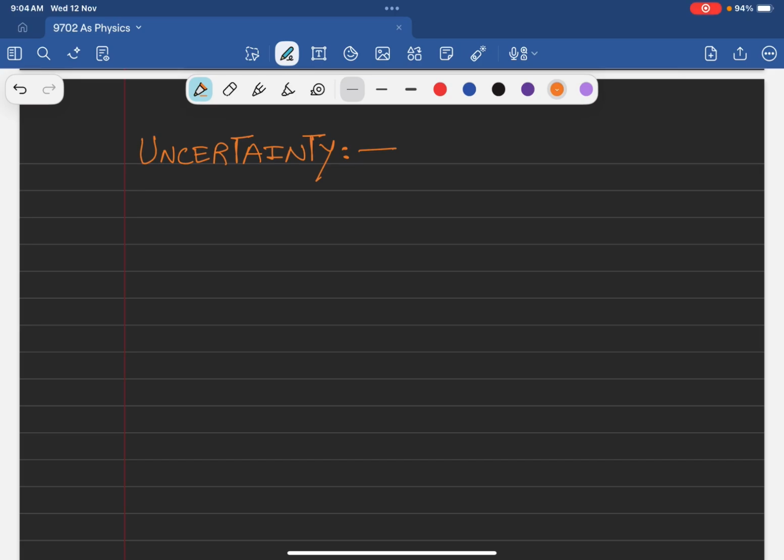If you are using, let's say, a meter rule, it can only measure reading up to 0.1 centimeter. If you are measuring using vernier calipers, it can only measure up to 0.01 centimeter.